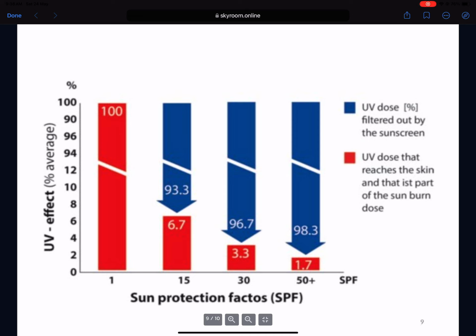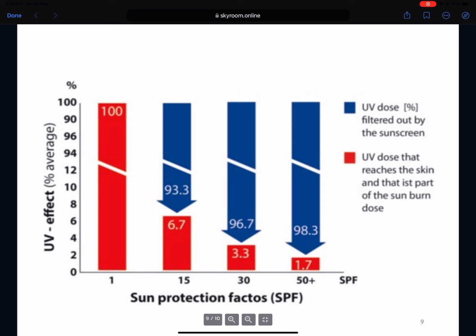And sometimes you will buy SPF 30 or SPF 50 or SPF 15. What does it mean? Look at the curve. On the Y axis I show the UV effect in percentage, and on the X axis I show the SPF.